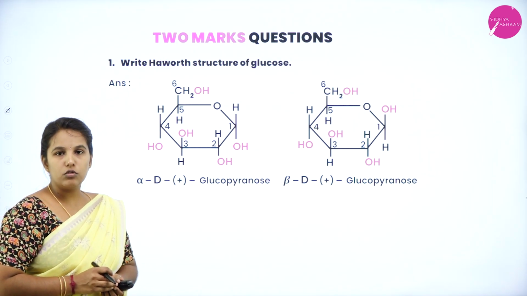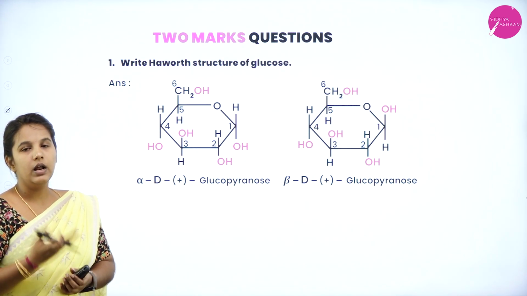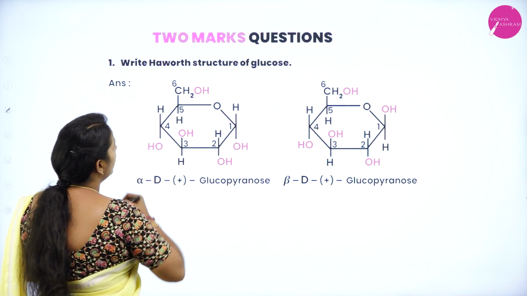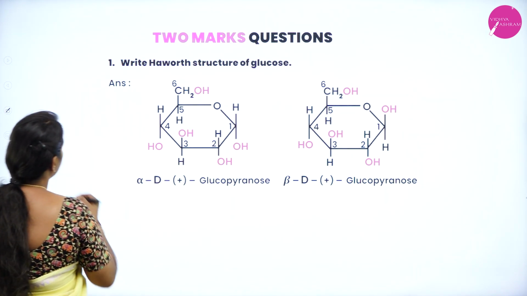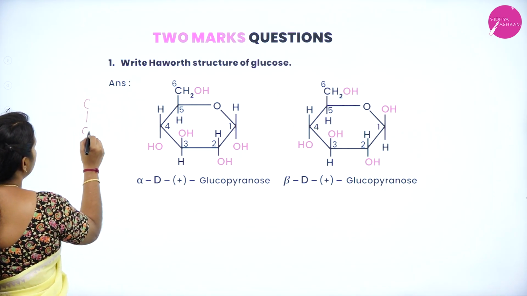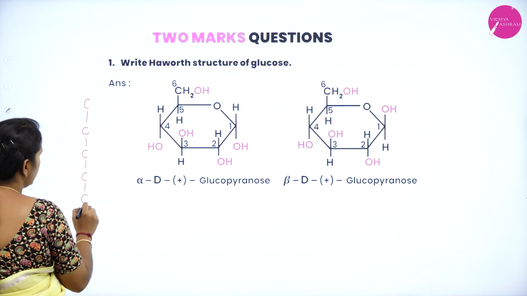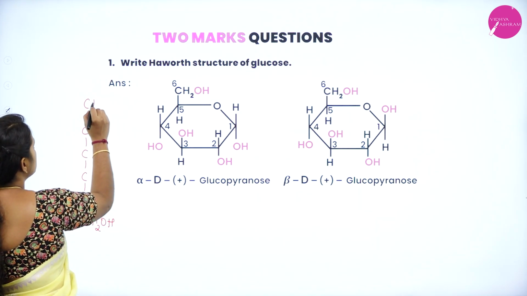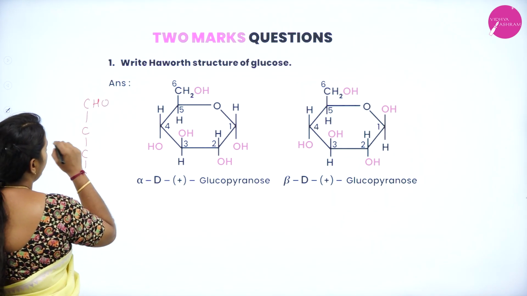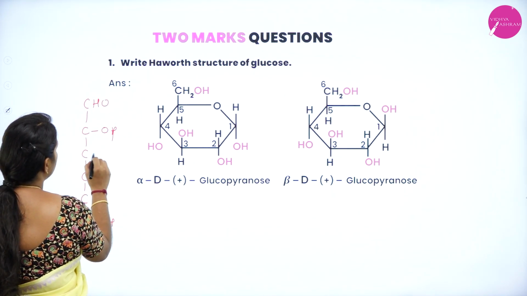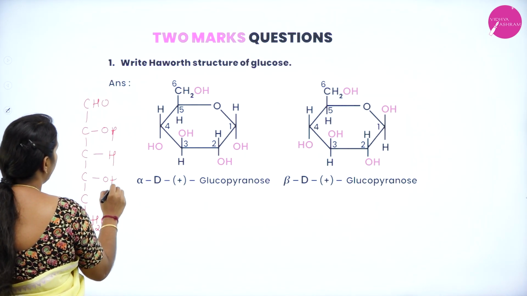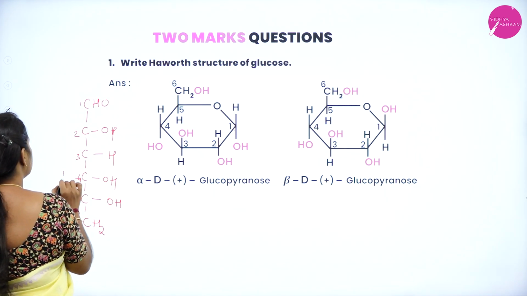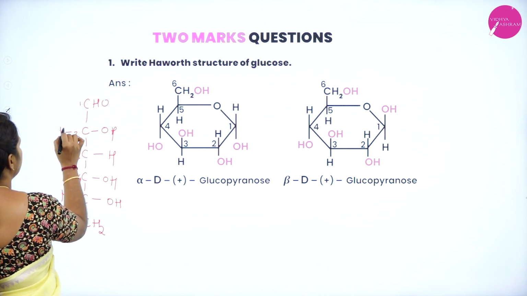We know that glucose is a long chain carbon compound having 6 carbon atoms. You can see 1, 2, 3, 4, 5 and 6. So, it is CH2OH, and this is CHO, and we have OH, H, OH, and so this is the structure of glucose.